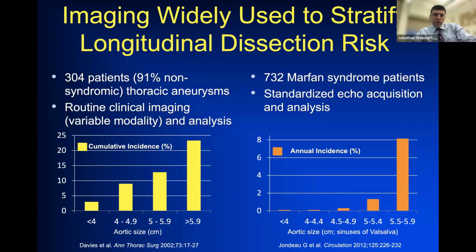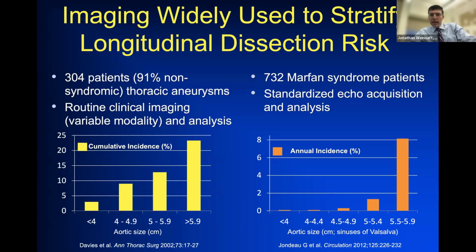If we look at this data from Yale, from Davies et al. Initially, among 304 patients, the large majority of which were non-syndromic thoracic aortic aneurysm, the risk for aortic dissection linearly increased in relation to size of the ascending aorta.